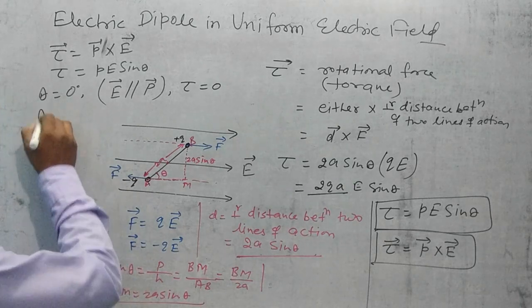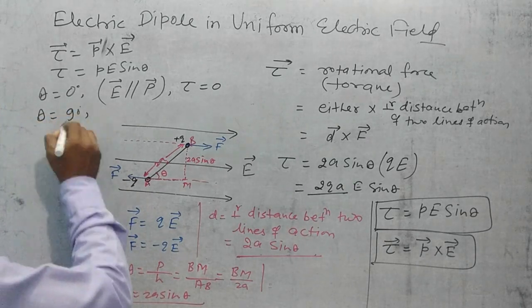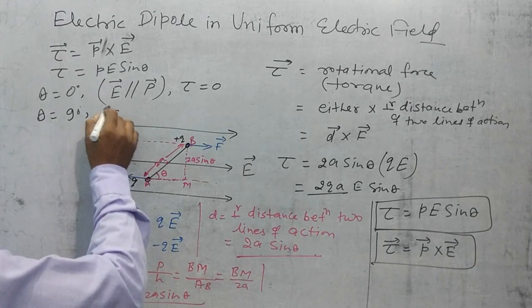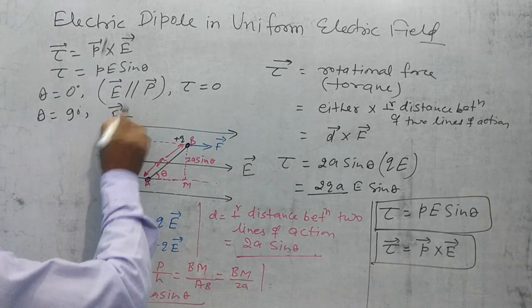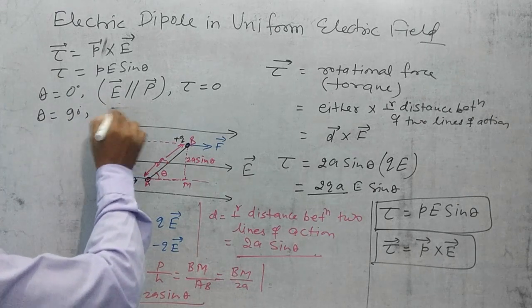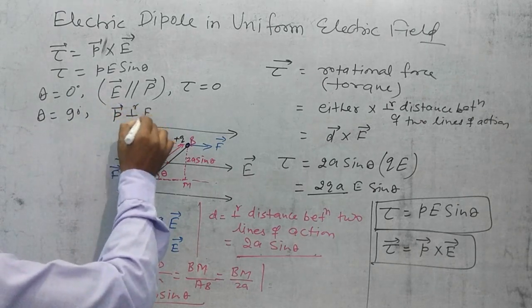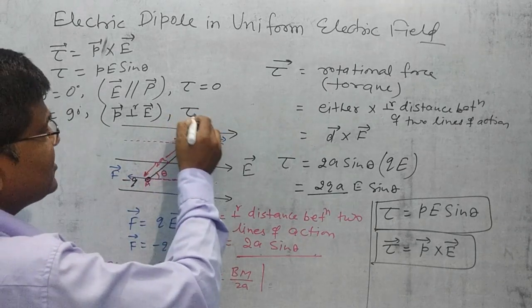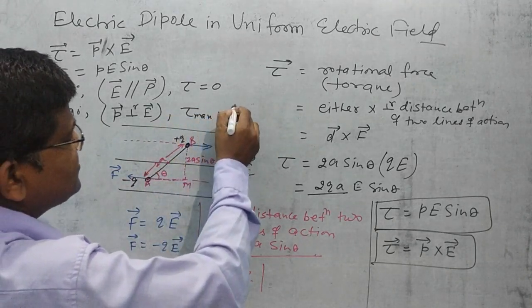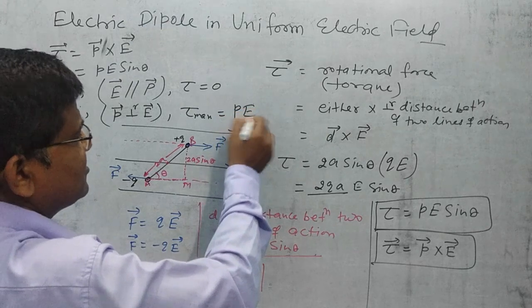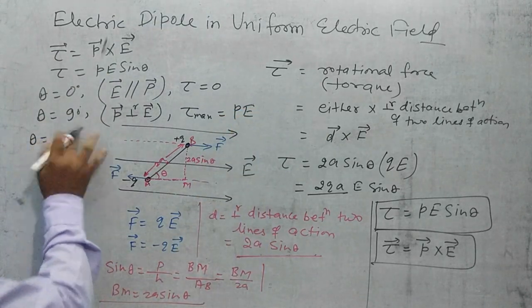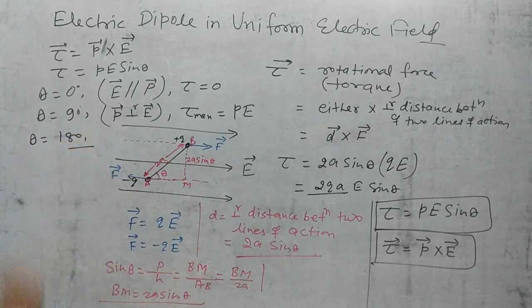If theta is equal to 90 degrees, then torque becomes maximum, meaning E vector is perpendicular to p vector, and this becomes pE. Then if theta is equal to 180 degrees, what happens?